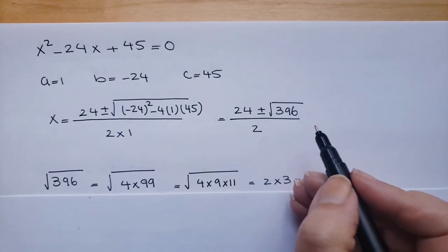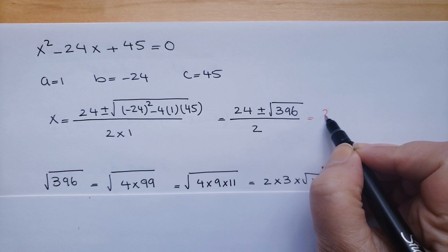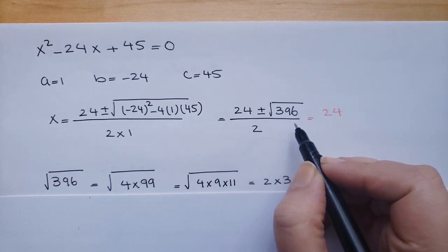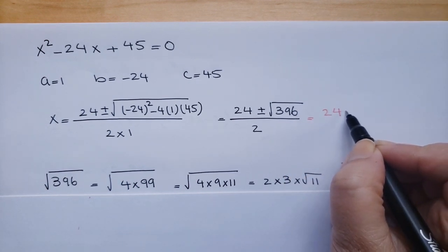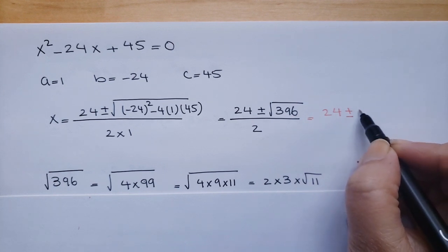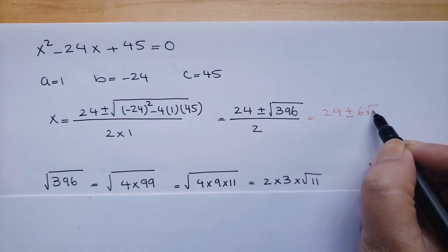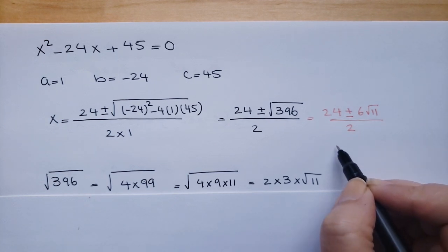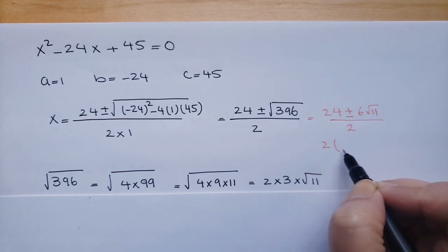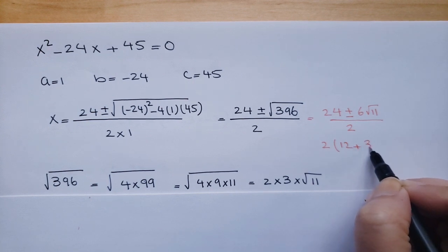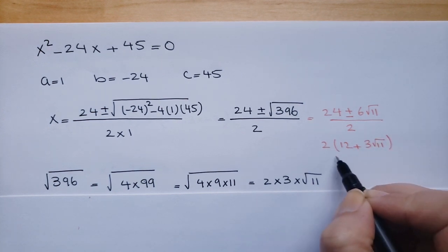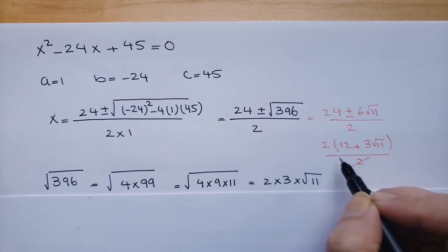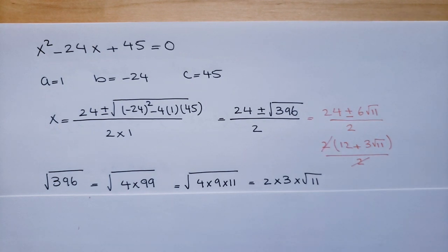So here I can go ahead, instead of 396, I will put it as 24 plus and minus 6 radical 11, divided by 2. What I can do here is factorize the 2. So that would be 12 plus 3 radical 11, divided by 2, and these two will simplify.